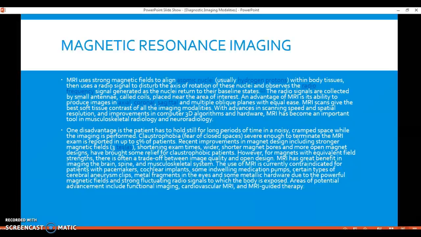We are able to image in multiple planes in MRI. Again, coronal, sagittal, and axial. We can do obliques like we did in CAT scan. MRI is a much better imaging modality for joints, for knees, for shoulders, because it helps us to see the ligaments and if there's fluid in the joints.